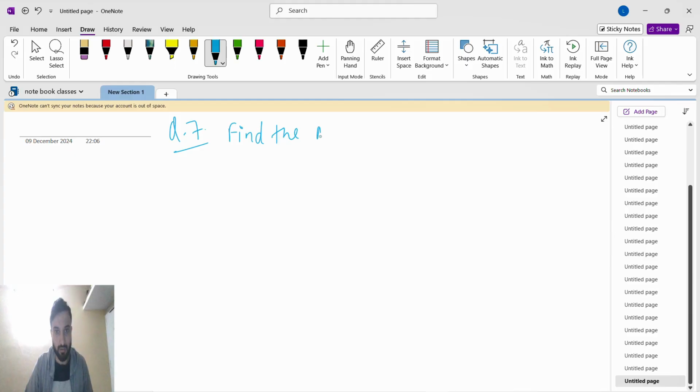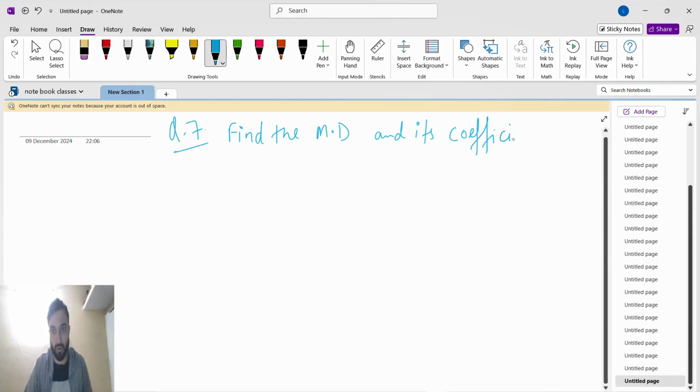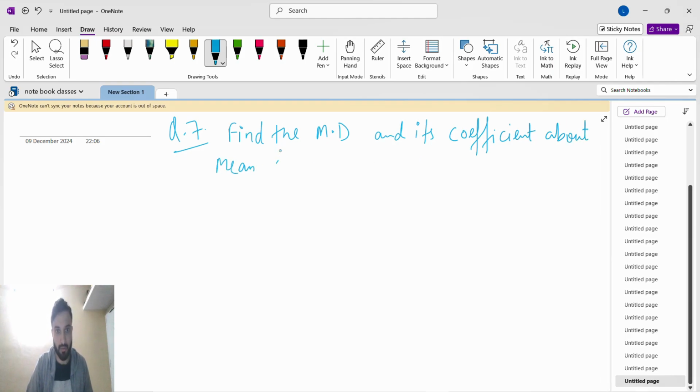Find the mean deviation and its coefficient about mean for the first 9 natural numbers. You are like, sir, we have done this before already. I know guys, so this time we will do it with the options.